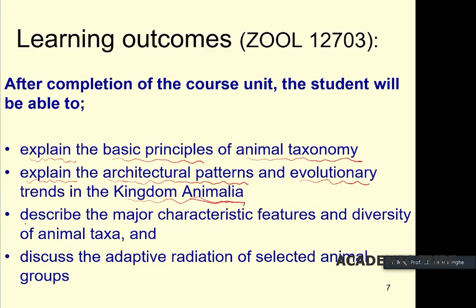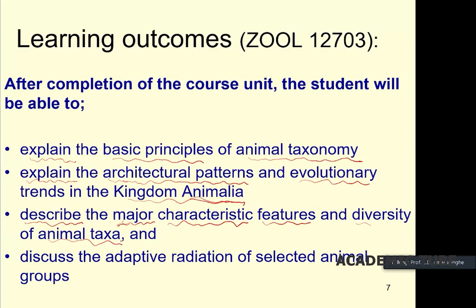Then again, you should be able to describe. Describe means again a type of explanation. The major characteristic features. Major, not all the characters. Major characteristic features and diversity of animal taxon. So what is animal taxon? Then you are going to learn what is animal taxon.